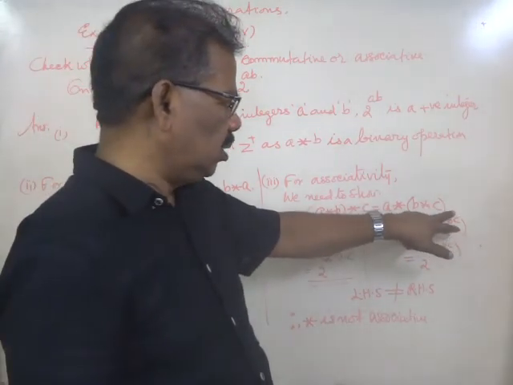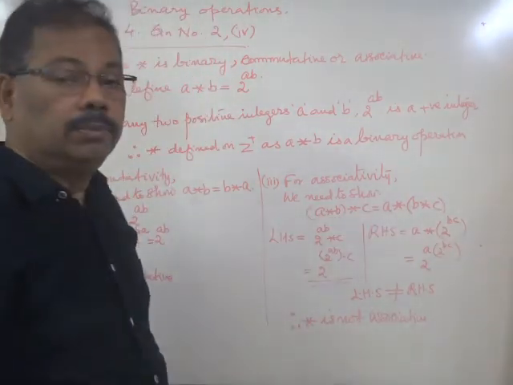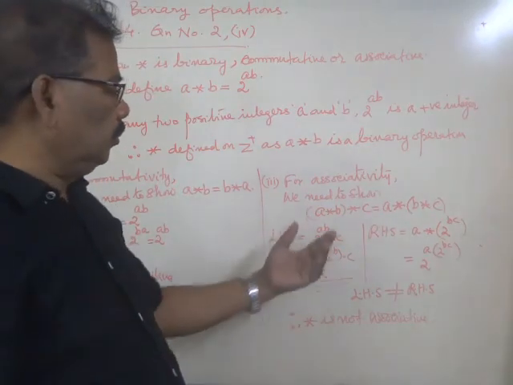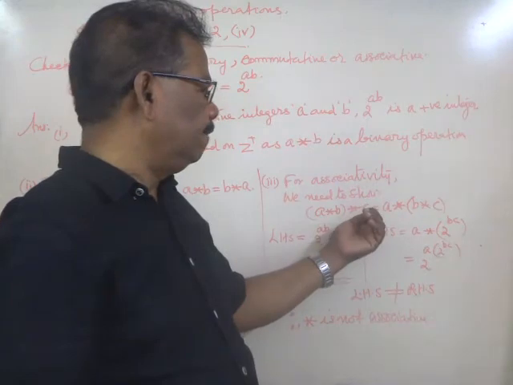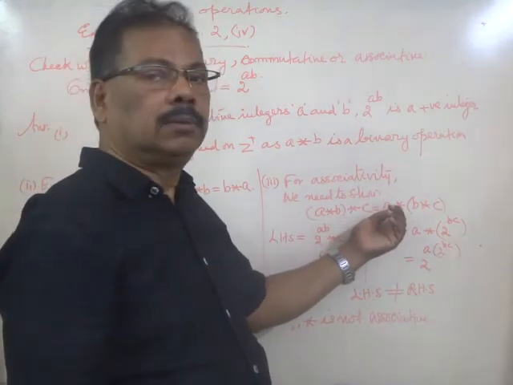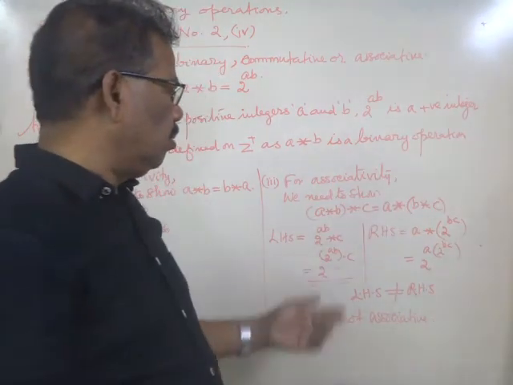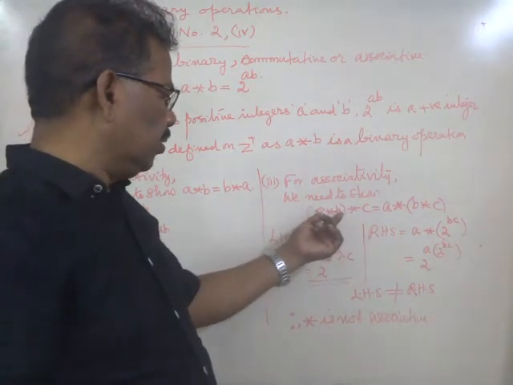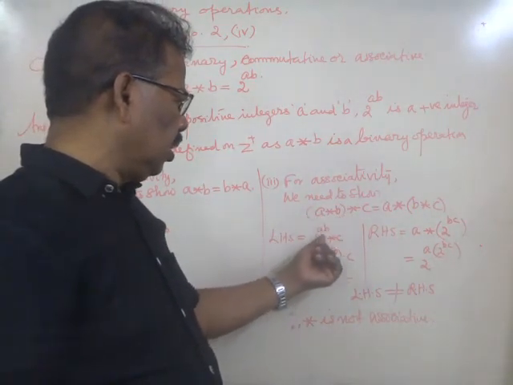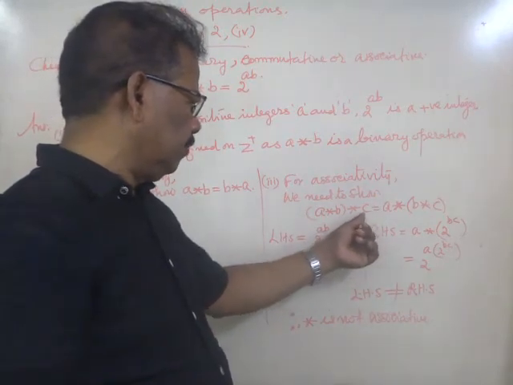For associativity, you have to show (a star b) star c equals a star (b star c). Now, what is the left hand side? a star b is equal to 2 raised to ab, star c.